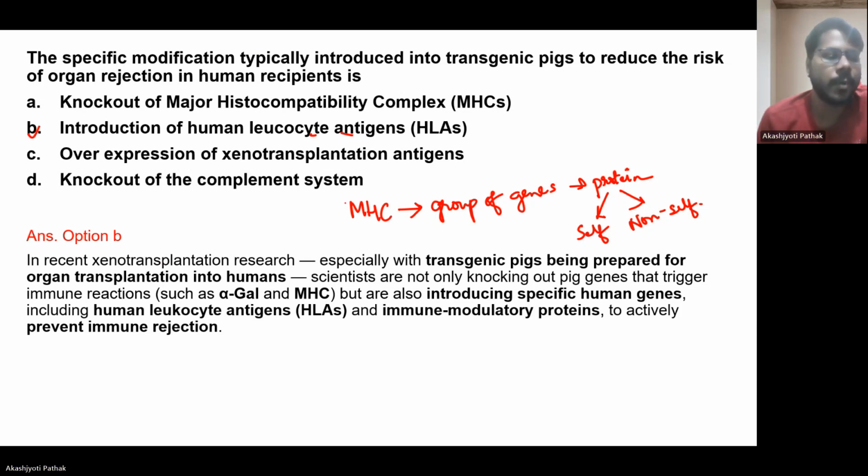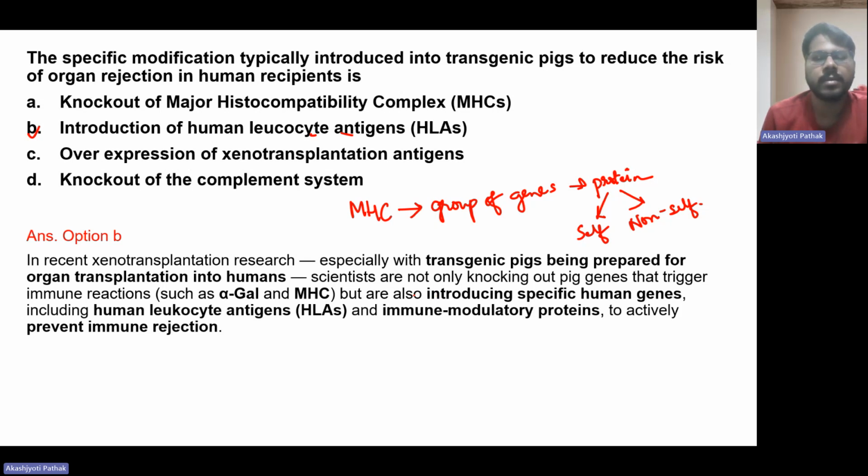Because what has been seen in recent xenotransplantation research, especially with transgenic pigs being prepared for organ transplantation into humans, is that scientists are not only knocking out pig genes that trigger immune reactions, but also introducing specific human genes, including human leukocyte antigen and immune modulatory proteins that actively prevent immune rejection.